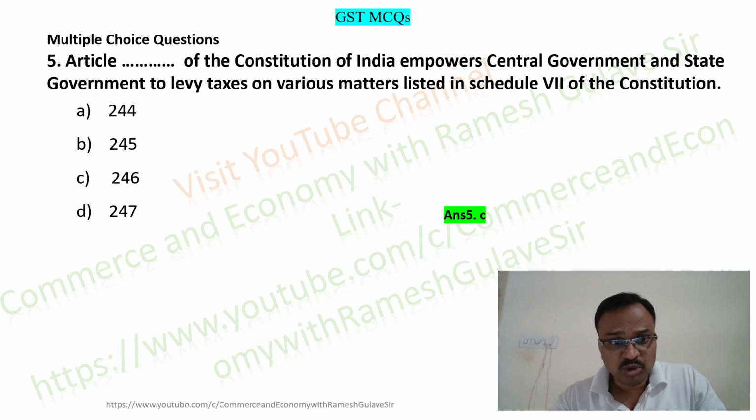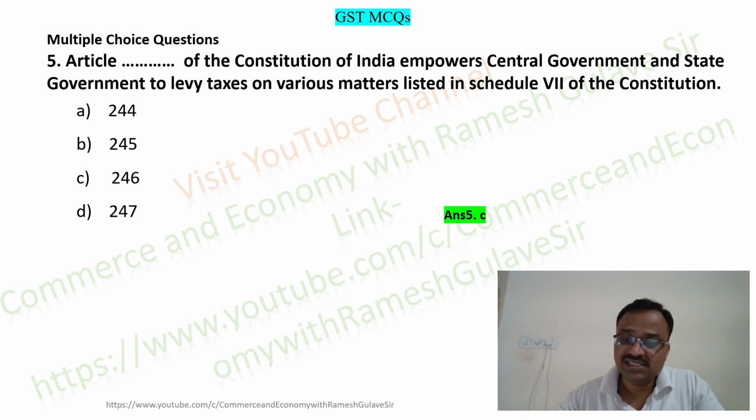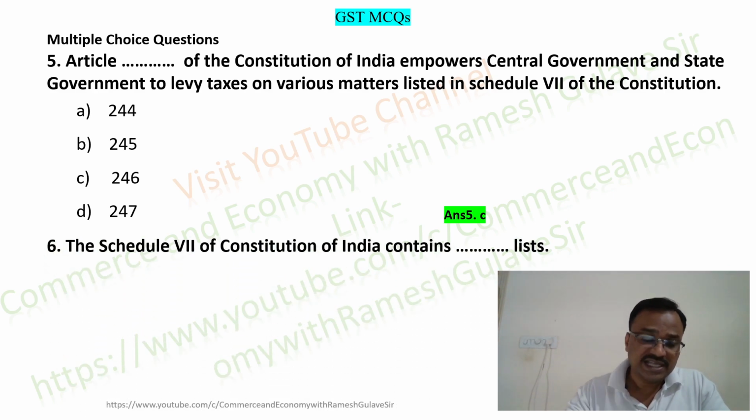See, 246 empowers the central government and state government to levy taxes. And this sentence further says on various matters listed in Schedule 7 of the Constitution. So basically, this Schedule 7 of the Constitution contains the list. Okay, we are going to discuss that in further questions. So let us move on to the next question.